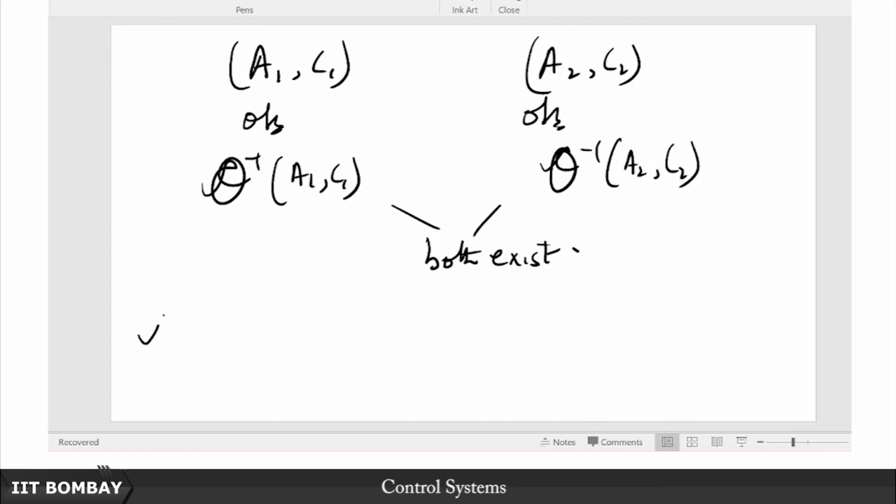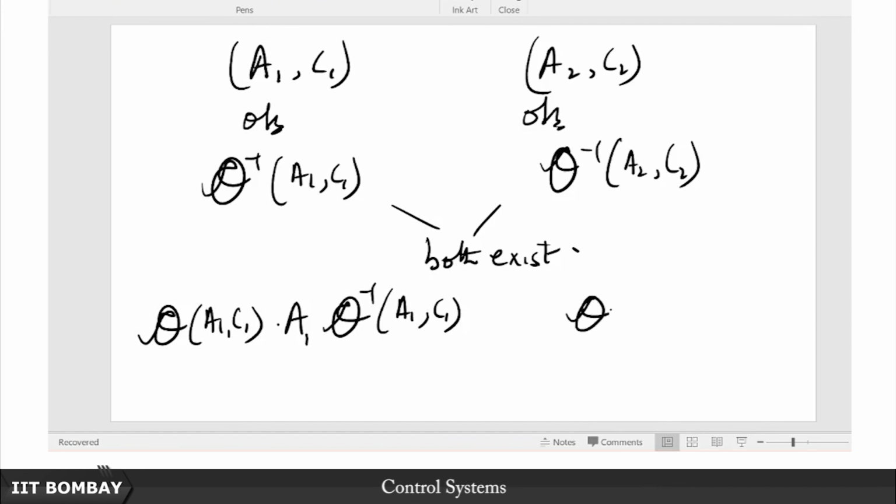Now I perform O A1 C1 times A1 times O inverse A1 C1, and I perform O A2 C2 times A2 times O inverse A2 C2. What should I get?